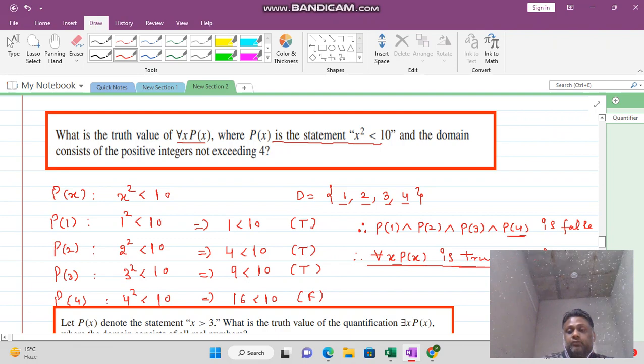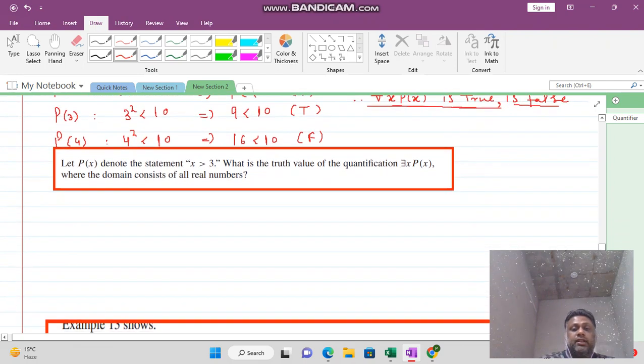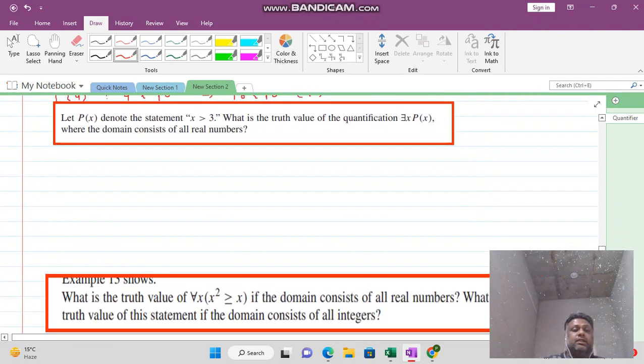Now the next question is this: let P(x) denote the statement x greater than 3. What is the truth value of the quantification that there exists an x for which this P(x) is true, where the domain consists of the set of real numbers? Here we want to find a value of x for which this is true.